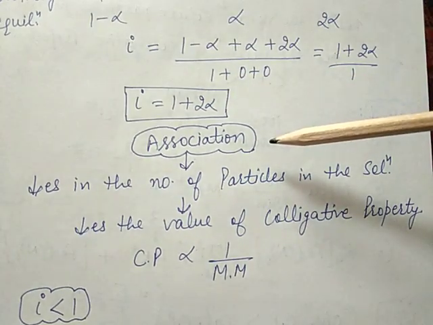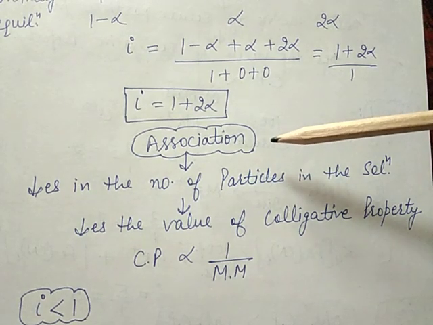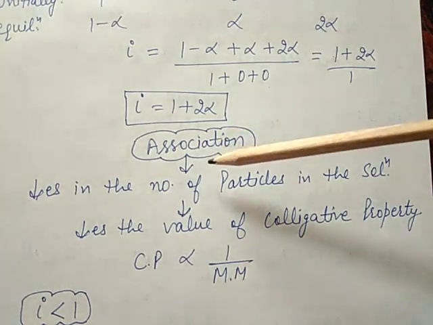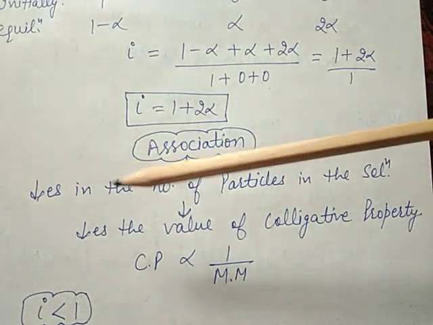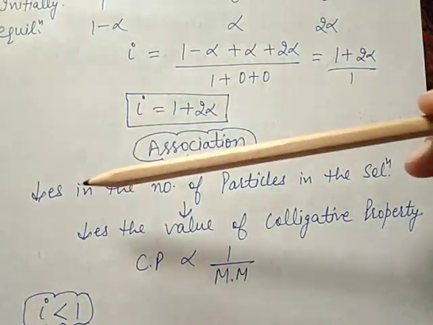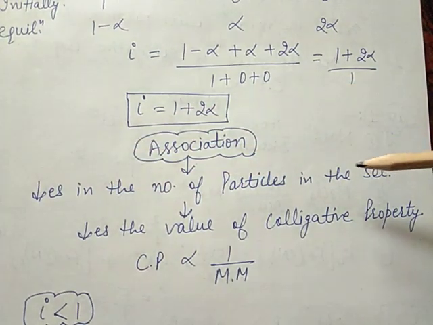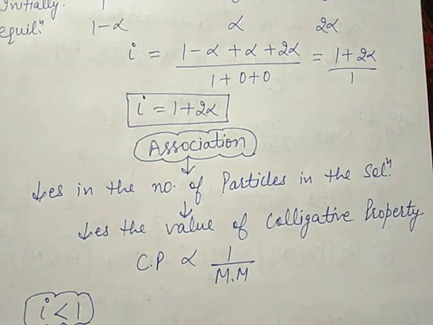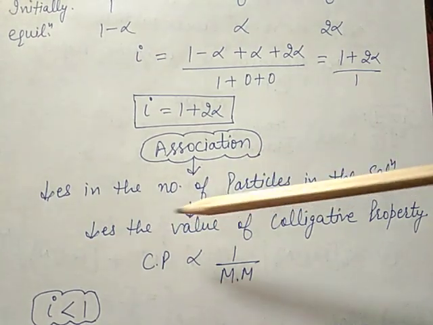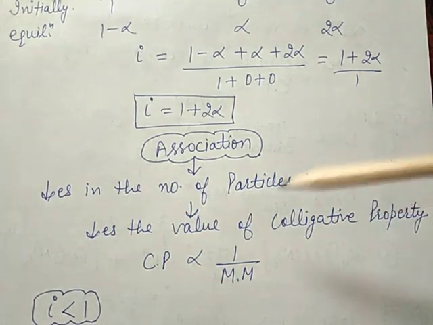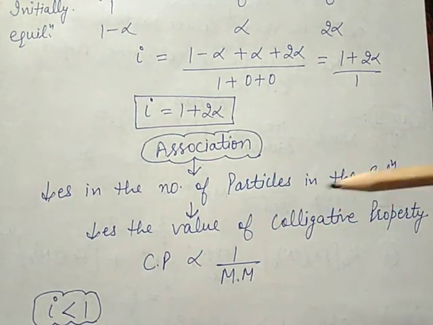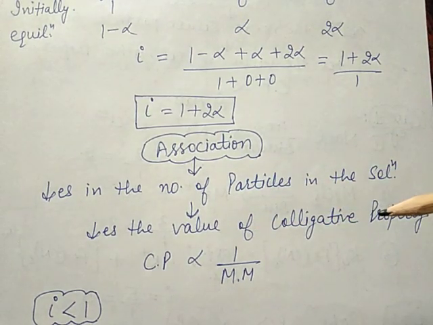Now the second is association. Association means associate, means join. It causes a decrease in the number of particles in the solution. It means decrease the value of colligative property, because colligative property is directly proportional to number of particles.